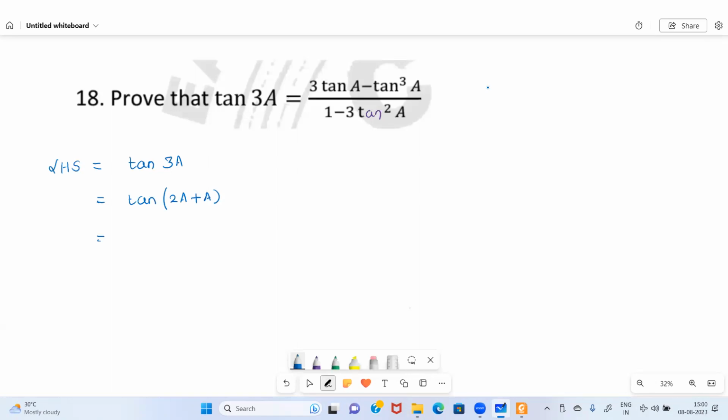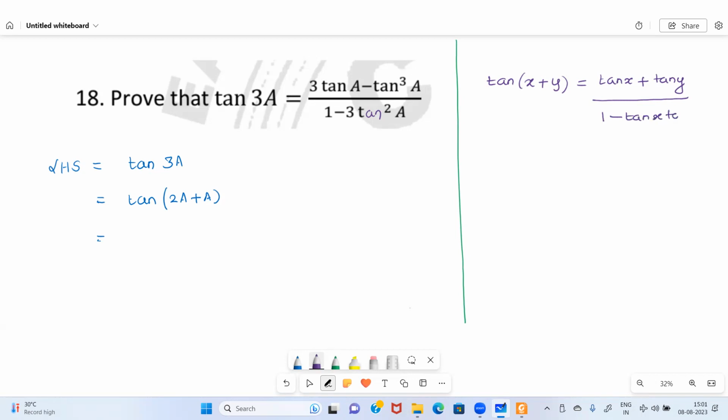And we know the formula for tan of x plus y, right? What is tan of x plus y, students? Tan x plus tan y divided by 1 minus tan x tan y.